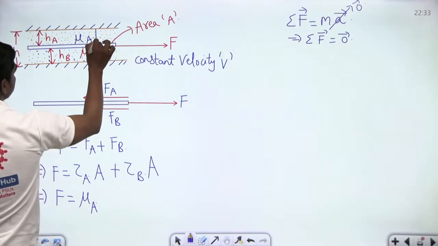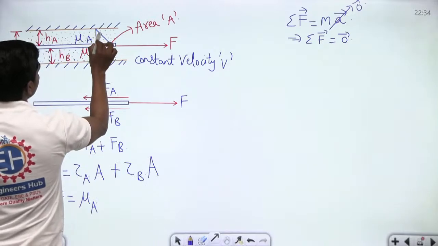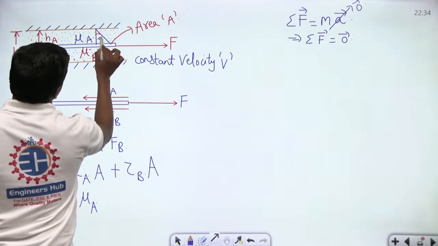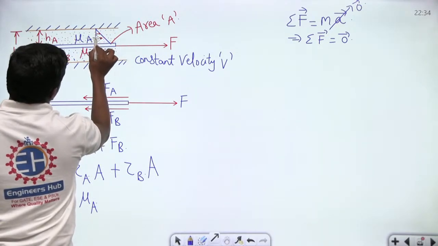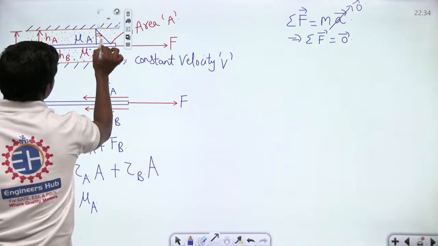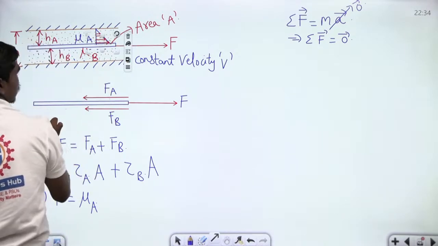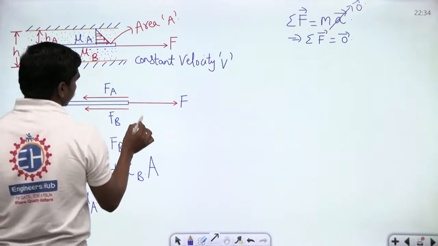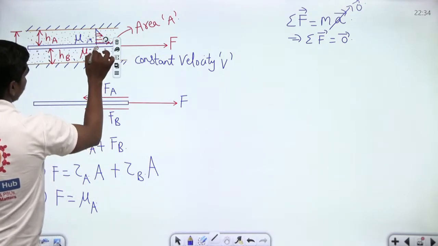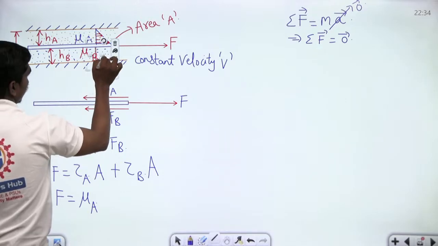So if you see this, your velocity keeps on increasing, correct? But of course it increases linearly. Let us suppose we are drawing it, and the fluid has some velocity in this direction, and you have some velocity, correct? Similarly, in the bottom part there will be some velocity.